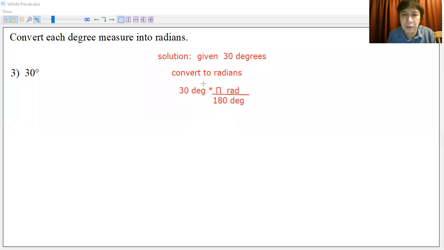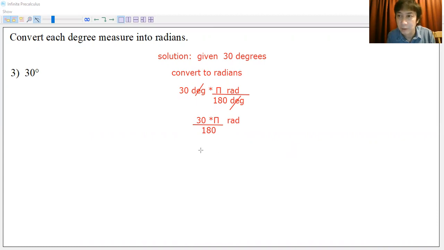So you can see degrees cancels out with degrees, and we're left with 30 times pi, and then divided by 180 there, and this must be in radians. We can see the 180 there is equivalent to 6 times 30. 6 times 30 is 180.